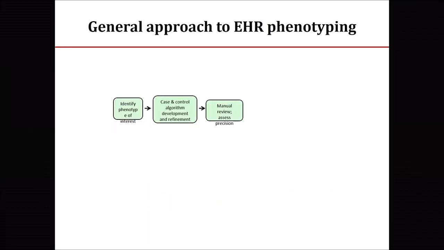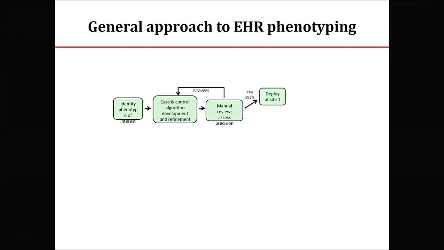And when we want to do a study in the EHR, I apologize for some of the formatting Mac PC issues on this slide. But what we see is we start with a phenotype of interest, and we develop an algorithm, which is an iterative process where you pull in different things like billing codes and medications and lab tests, and then you review it and revise it until you get to some threshold of positive predictive value.